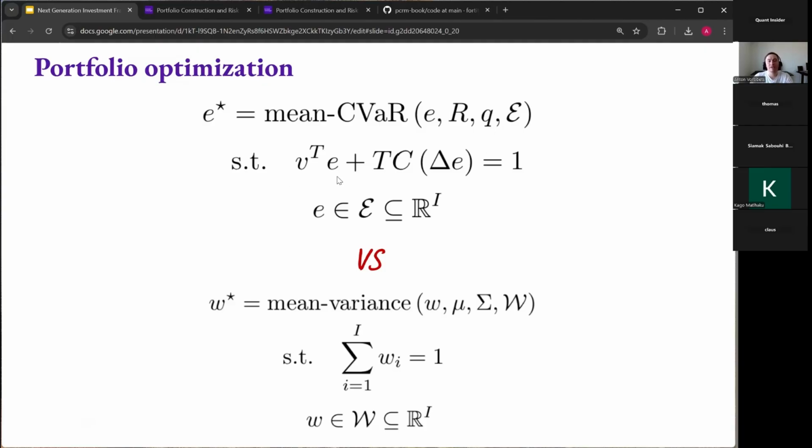Another difference that you will see is that instead of optimizing over portfolio weights, we optimize over portfolio exposures, and then we implement this self-financing constraint. Basically, this separation between exposures and market values. So this is what you see here. This vector V contains the relative market values, and this vector E is the exposures that we have. It's necessary for us to be able to handle derivatives in a seamless way.